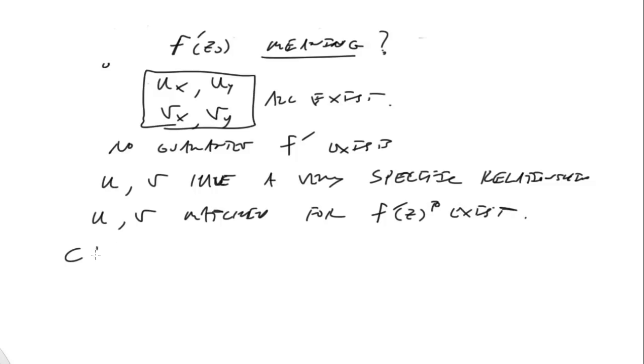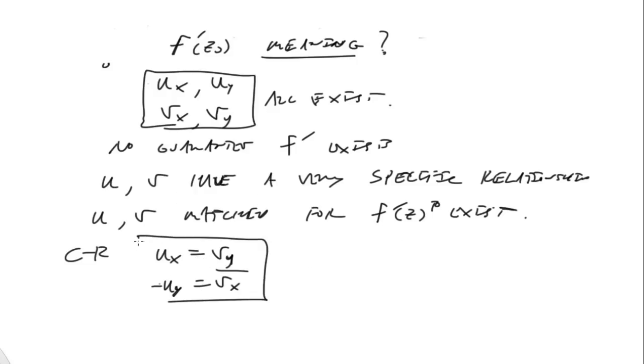And that is the Cauchy-Riemann equations, right? We need that ux is equal to vy, and that negative uy is equal to vx. So if I just pick a random u function, it has a really specific relationship to v. We can't just pick two arbitrary functions that have derivatives in order for f prime to exist. They have to have a very specific relationship.